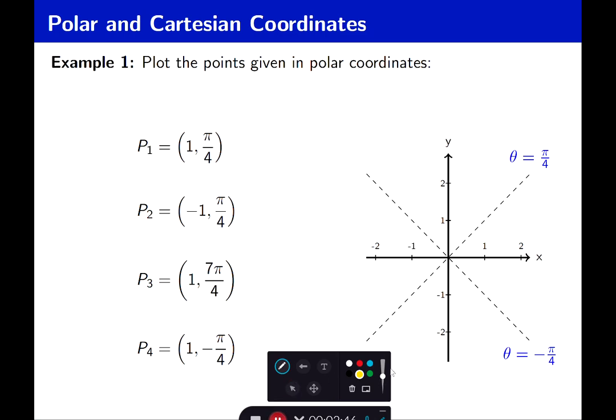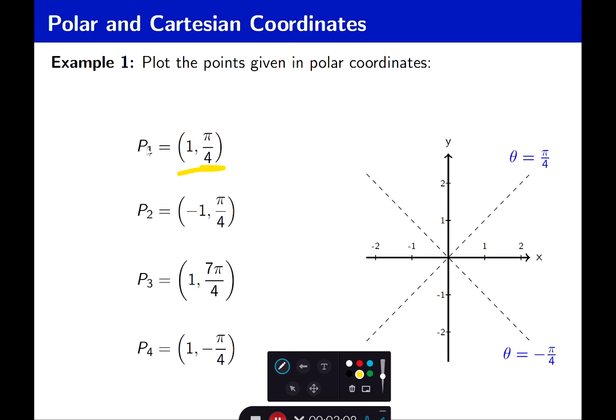Let's do a few examples of the conversion of polar and Cartesian coordinates. So let's plot the point given in polar coordinates. First one is 1 and pi fourth. So how do we do it?